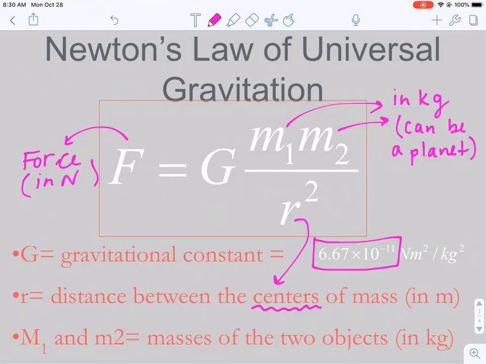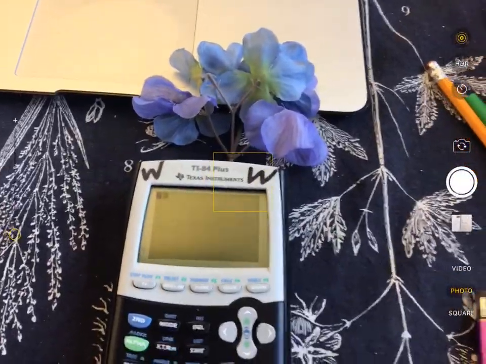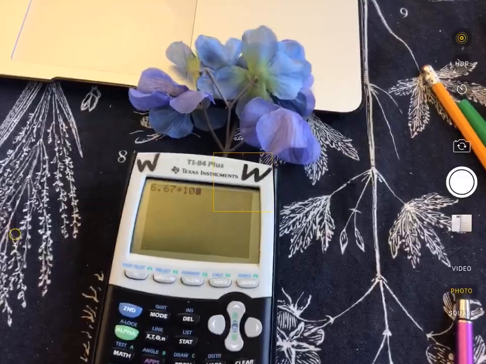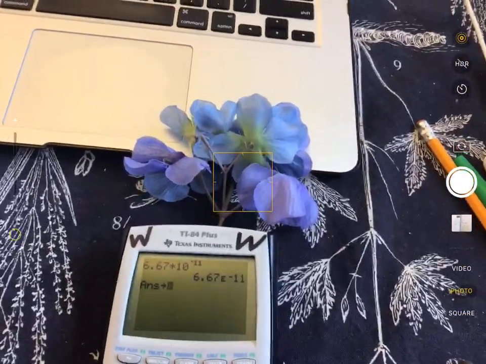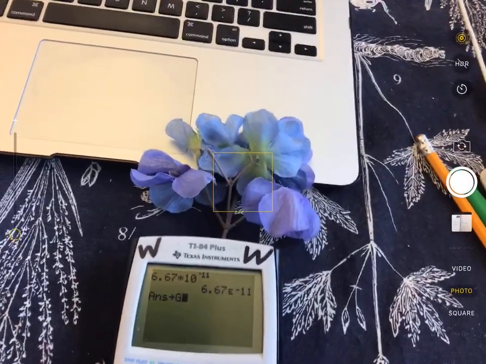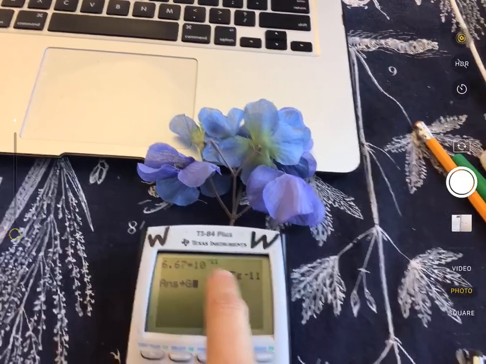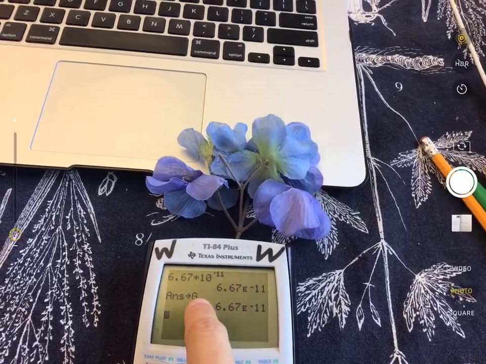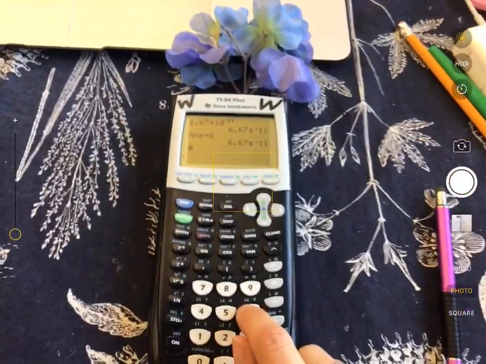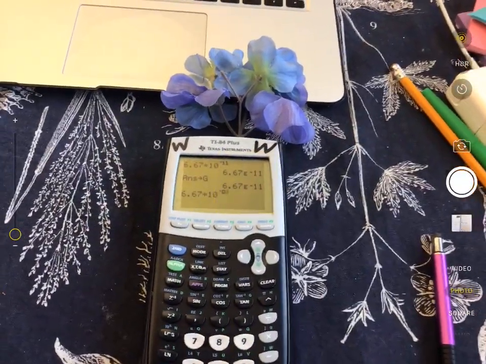So, before we use this equation, a couple reminders from the calculator. We want to make sure that capital G is saved, which we should have done in class yesterday, but if not, that's how you do it. You type in that G value, then you need to do store G. So again, I'll show you a little slower. You type in 6.67 times 10 to the negative 11th.